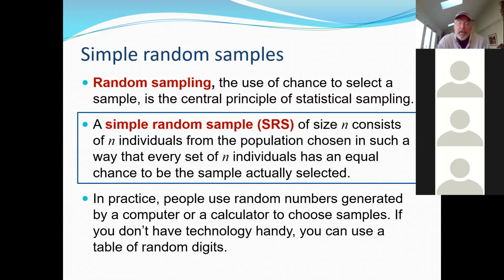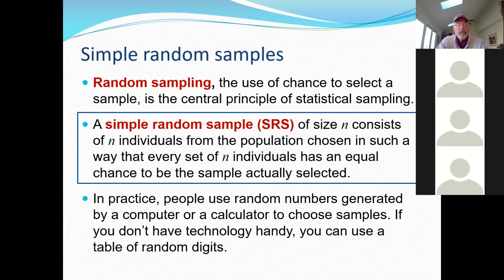In practice, we can use a random number generator, a computer, or your calculator. There are also tables, and we have tables in our book, called a random digit table.